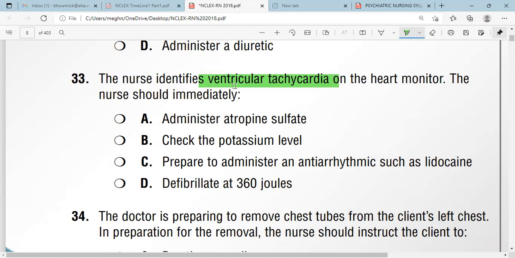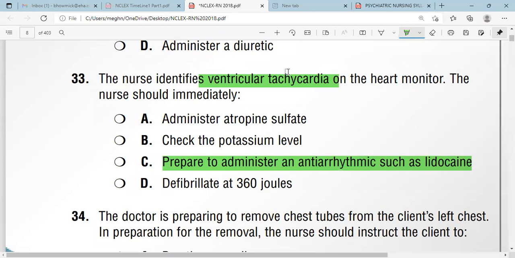So in that situation, what will we do? Let me tell you the correct answer. Definitely, when we see this condition, the correct answer is to prepare to administer an antiarrhythmic such as lidocaine, because the patient has an arrhythmia.